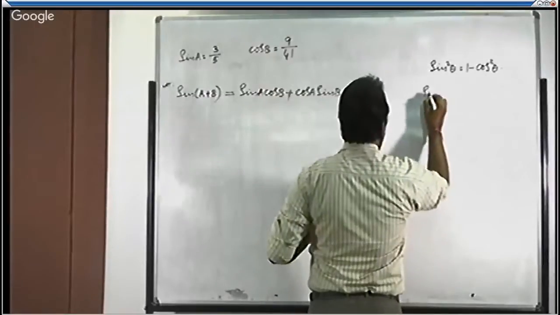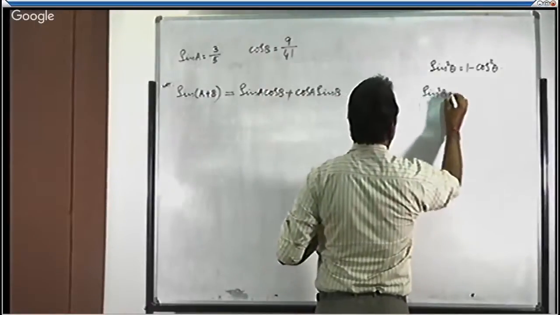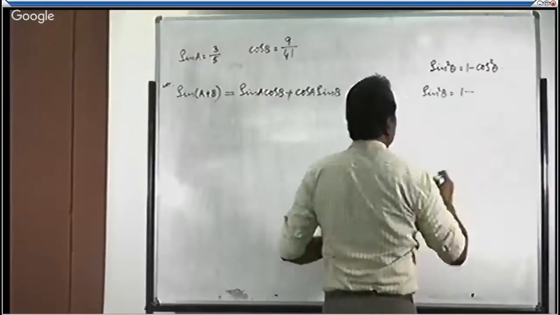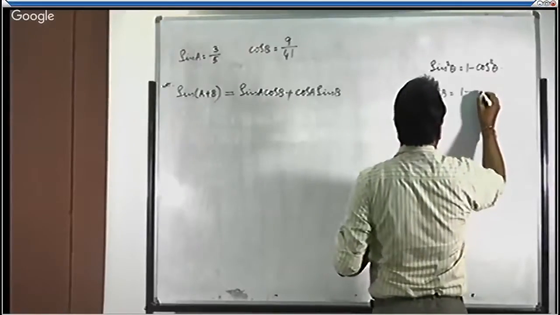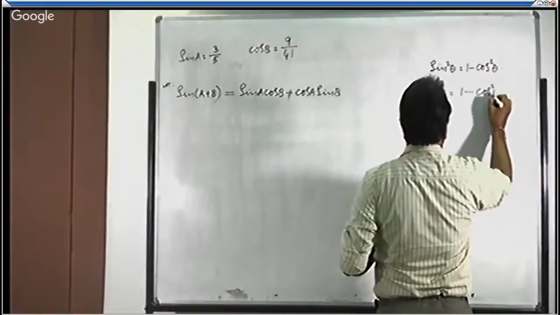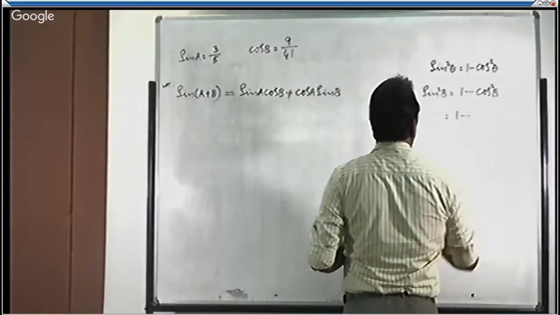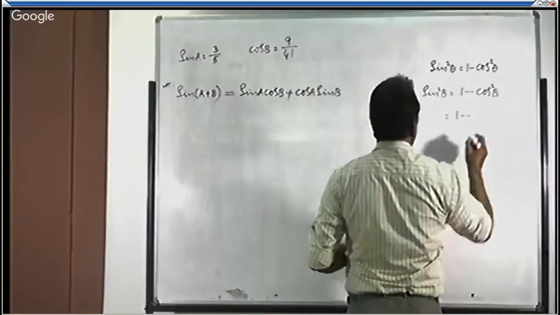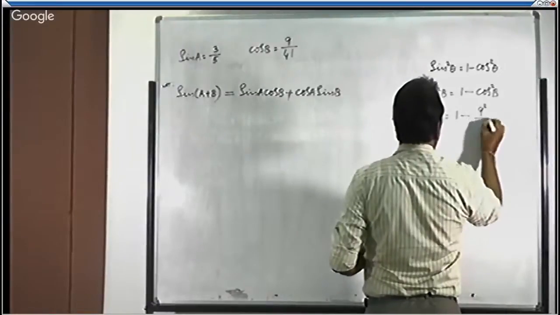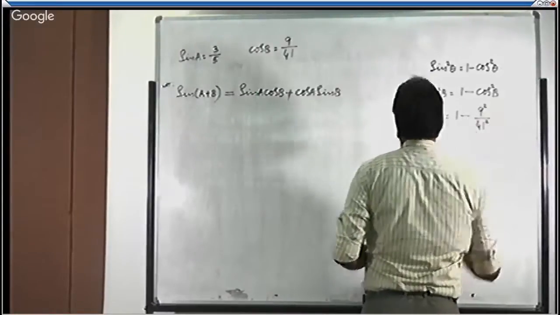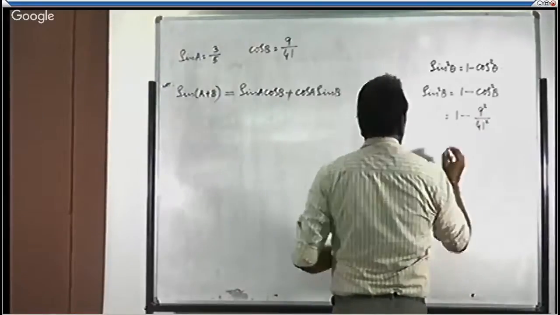We need sin B here. Therefore, sin square B is equal to 1 minus cos square B. So it is 1 minus 9 square divided by 41 square. Right?